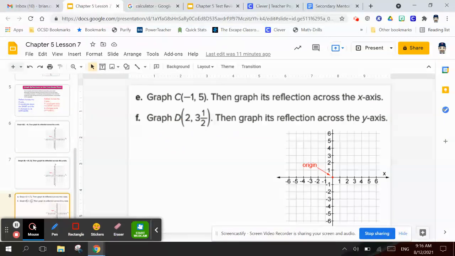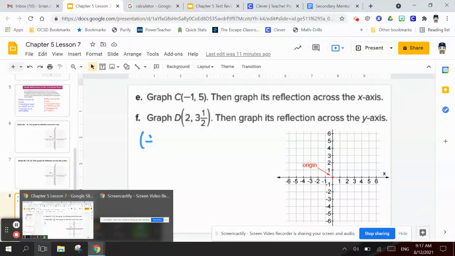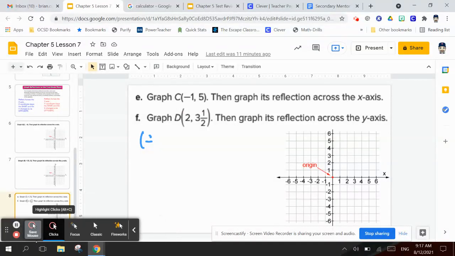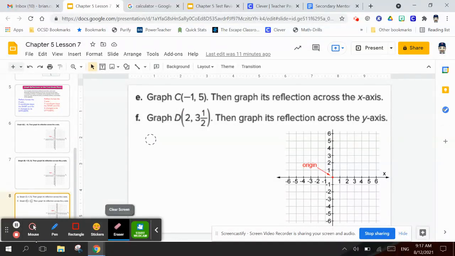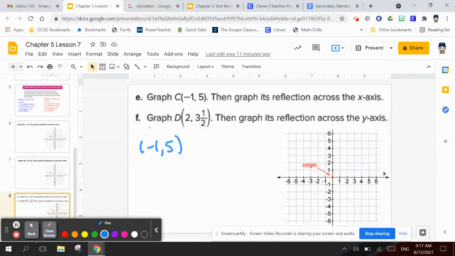Letter C says to graph (-1, 5) and graph it across the x-axis. Here's my x, here's my y. I'm going to go to -1, up 5.